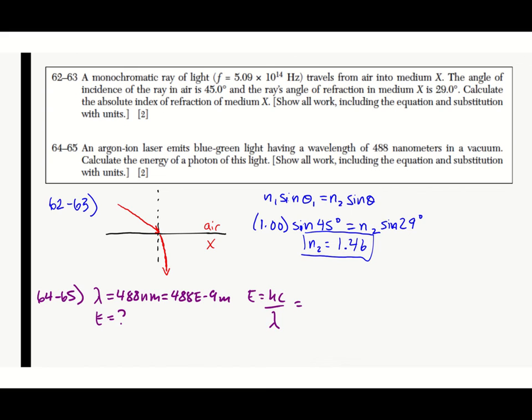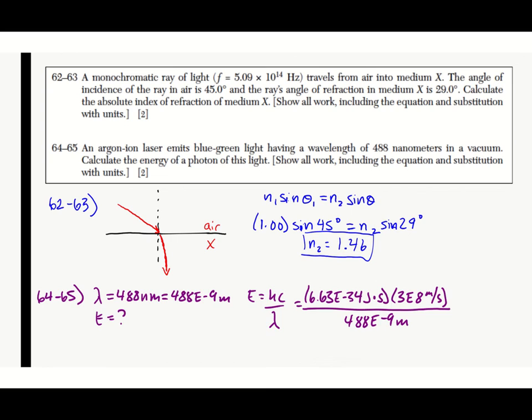H is Planck's constant, that's on the front of the reference table, that's 6.63 times 10 to the negative 34 joule seconds. And then the speed of light is c, 3 times 10 to the 8th meters per second. And then lambda is 488 times 10 to the negative 9 meters. So do not forget the units, especially for these constants.